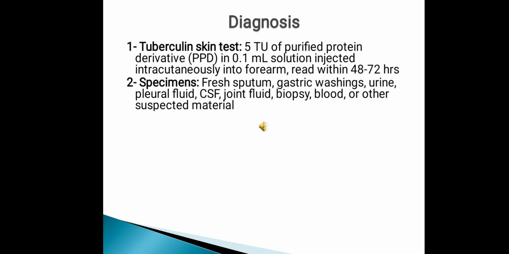With this type of media, we can also add antibiotics to make it more selective. Incubation is at 35 to 37 centigrade with 5 to 10% CO2. Because the bacteria is very slow growing, we need 8 weeks to get the result.